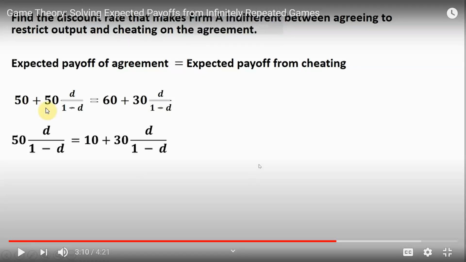Okay, so if you can see this here, this explains what you would do if you had to calculate a cheating scenario in which the payout was not zero in the future period. Here, D is the discount factor.